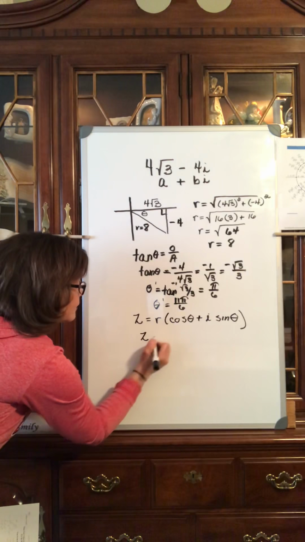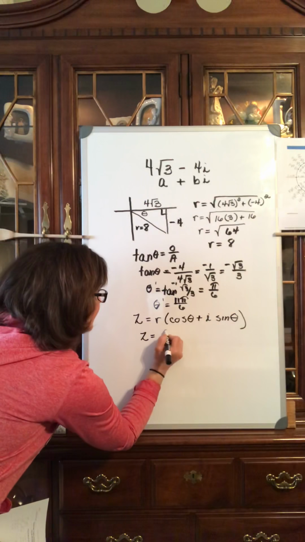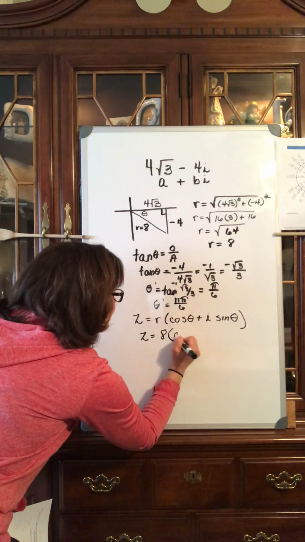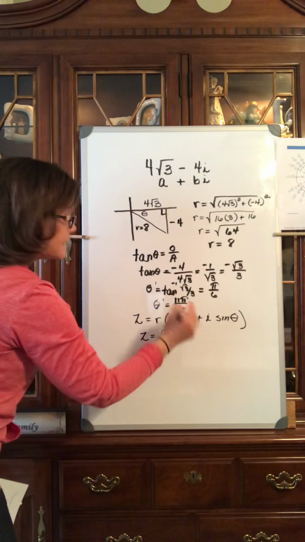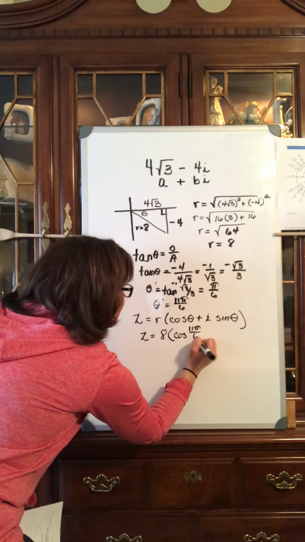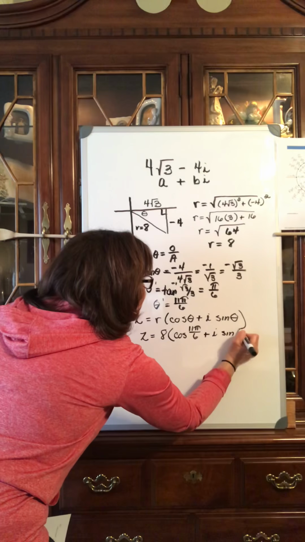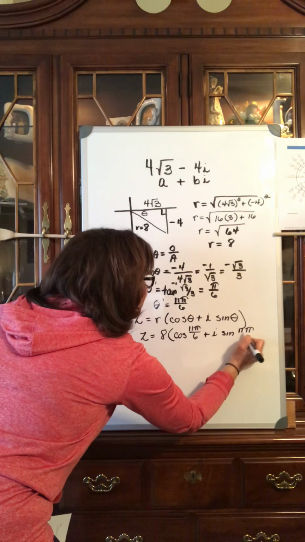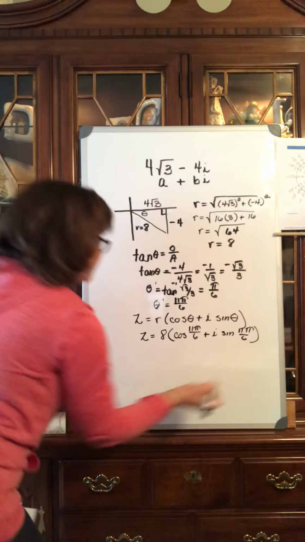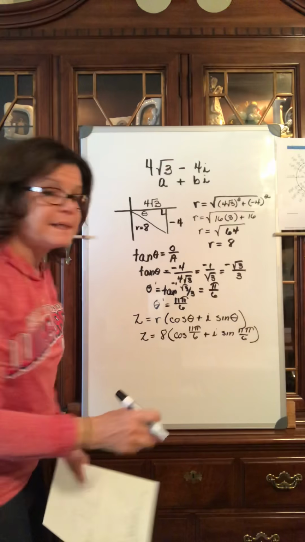The trig form of this complex number, r was our hypotenuse, it's 8 times the cosine of theta, which is 11 pi over 6, plus i times the sine of 11 pi over 6. This whole bottom line is the answer.